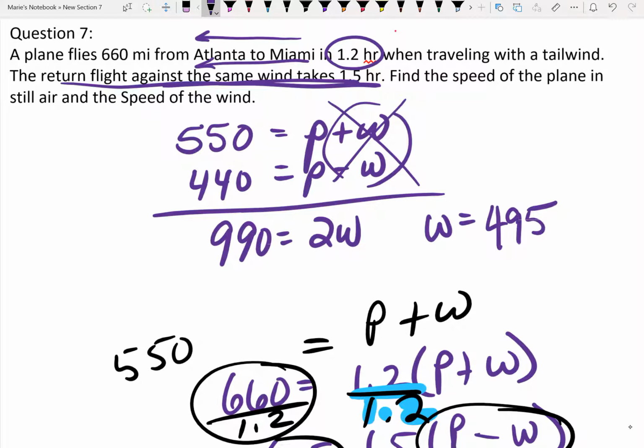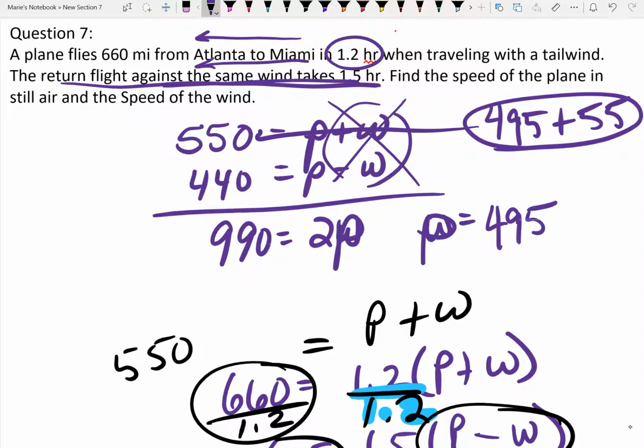Then 495 plus 55 will equal my 550, which is what I'm looking for.